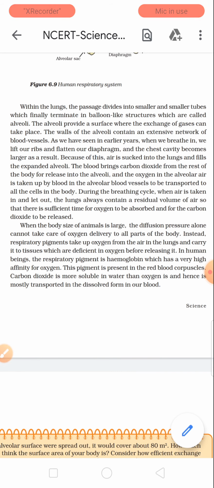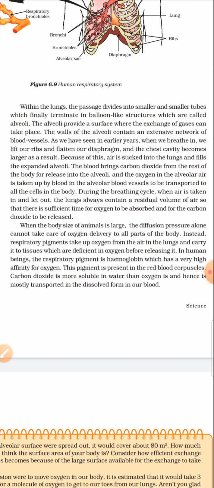Let's move further. During the breathing cycle, when the air is taken in and out, the lungs always contain a residual volume of air, so there is sufficient time for oxygen to be absorbed and for the carbon dioxide to be released. This says that we are not 100% eliminating carbon dioxide. We have some of the carbon dioxide and oxygen in our lungs.